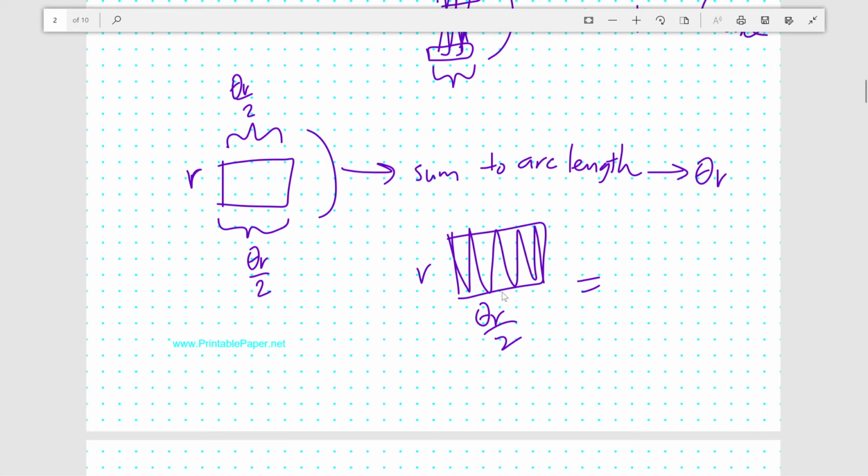And since the area is base times height, we'll know the area of this rectangle, which is equal to the area of the sector, is going to be theta r over 2 times r, which is theta r squared over 2. So that's 2 or 3 ways you can figure out that the area of a sector is going to be the angle of the sector in radians multiplied by the radius of the sector squared, and finally divided by 2.